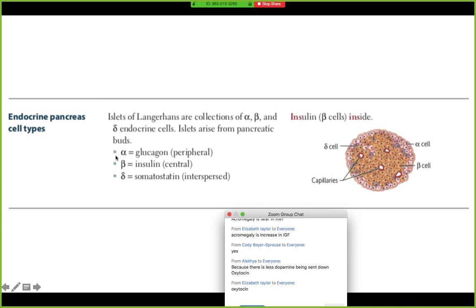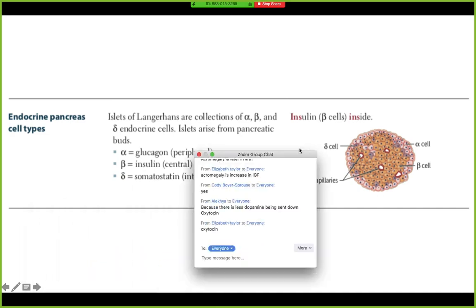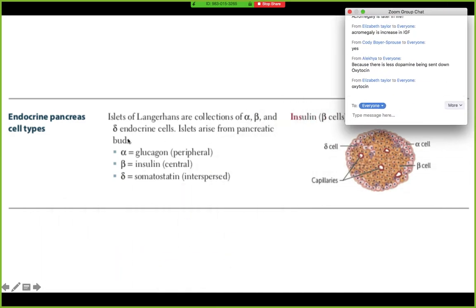Your alpha cells release glucagon, and they're surrounding the beta cells because they're like the celebrity photographer, they want to be around Beyonce. And your delta cells release somatostatin, and those are found everywhere because everybody can have a dog, including your photographers and Beyonce. So just remember what each of these cell types are secreting.